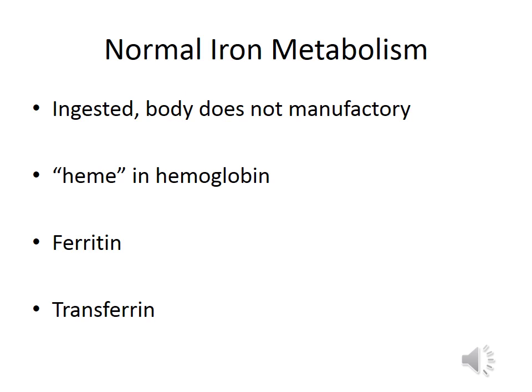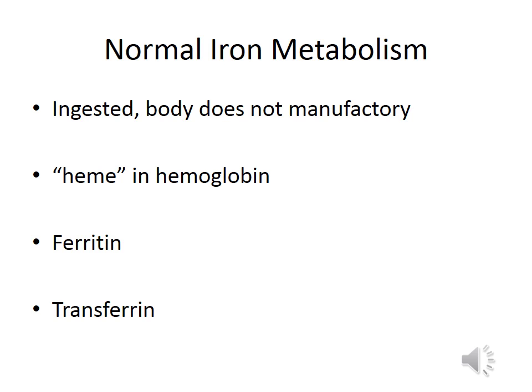Iron is obtained from food and dietary supplements. Approximately 1 milligram of every 10 to 20 milligrams of iron ingested is absorbed in the small intestine, most specifically the duodenum and the upper jejunum. Therefore, only 5% to 10% of ingested iron is absorbed.